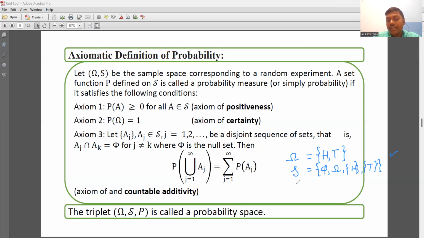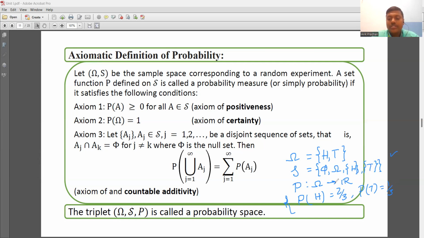Now if I define a function p from this sample space to the real number set, defined by probability of H equal to 2/3 and probability of T equal to 1/3, is it satisfying all three axioms of probability?